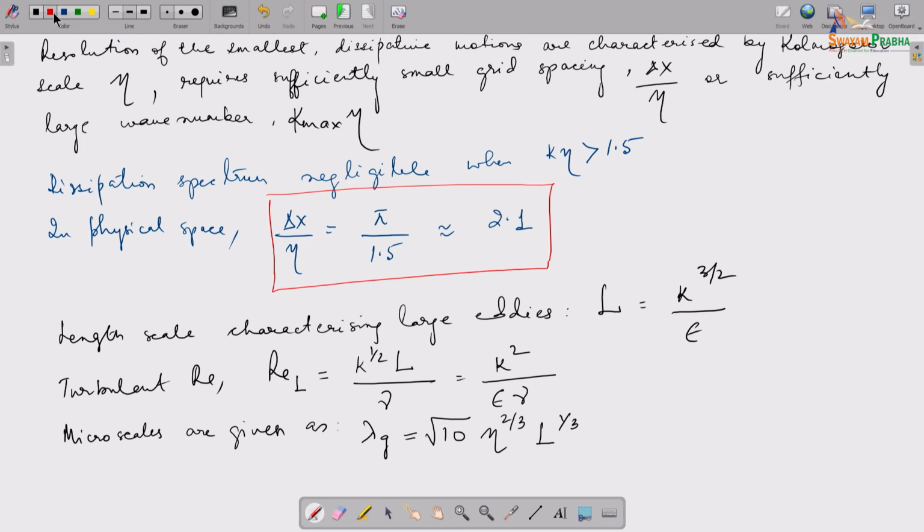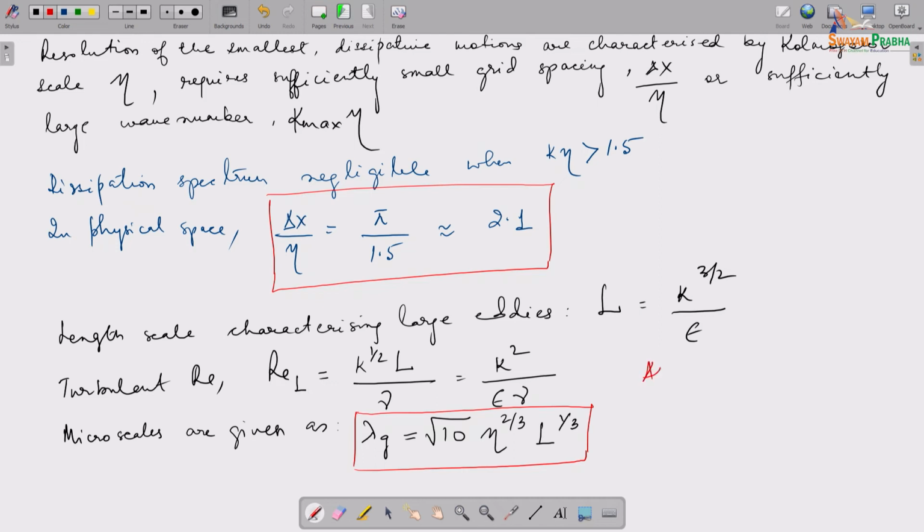I am sorry, it has gotten a little congested. Then let me just write it here itself. Okay. At high RE, this lambda g that I have written here lies between eta and L. Okay.